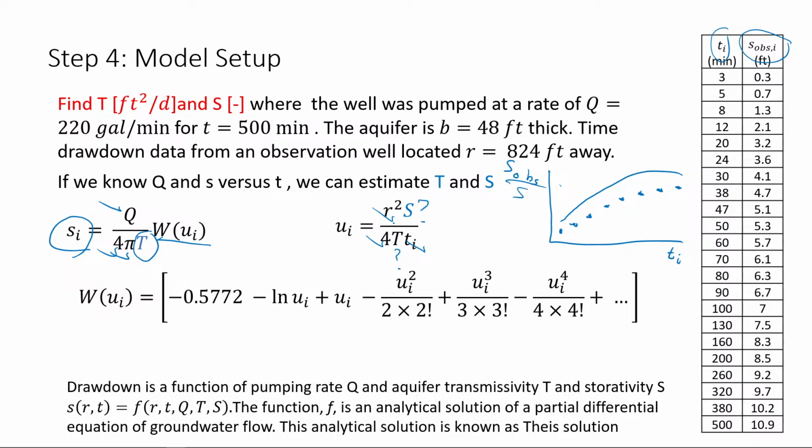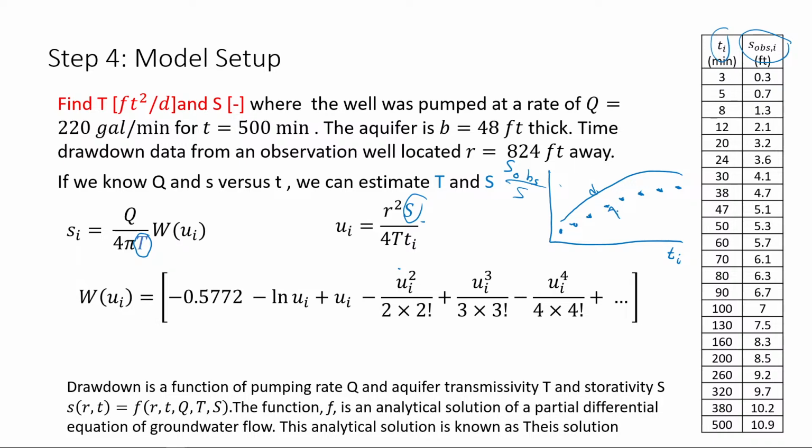So I can put any value for S and T and plot my model. But then my model will not match what I'm observing in the field. So how can I make my model match? I keep changing the value of these until the model matches the observations.